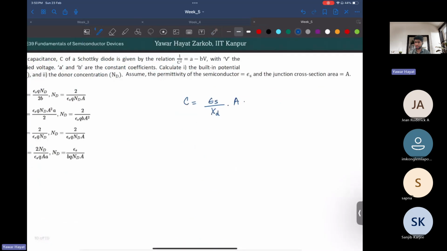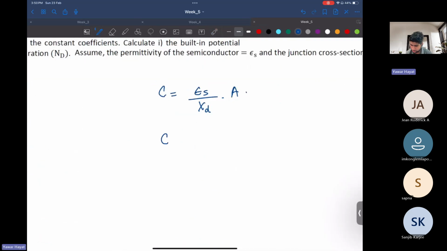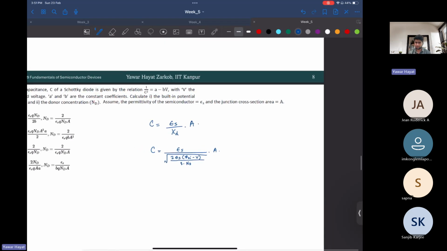So I'll write C is equal to epsilon s divided by square root of 2 epsilon s by q Nd times phi bi minus V, times this area.